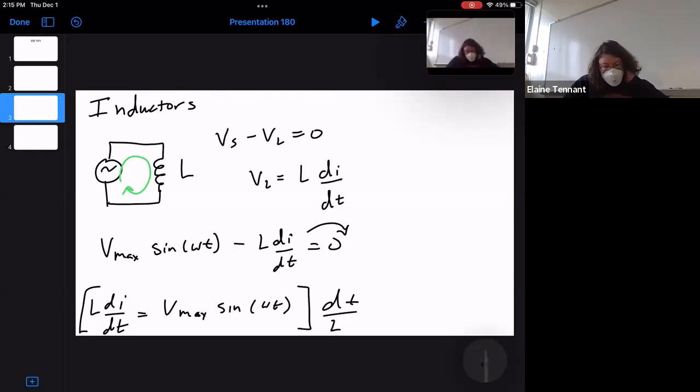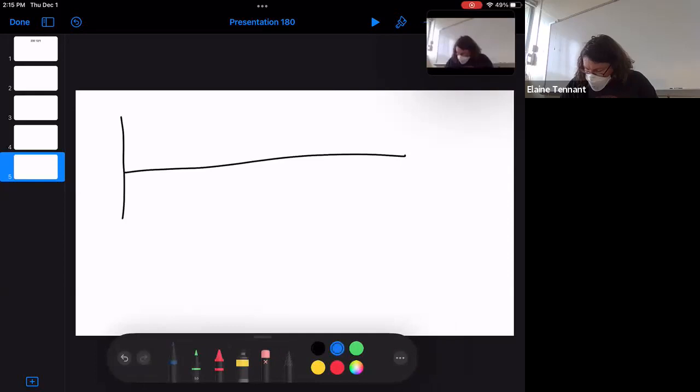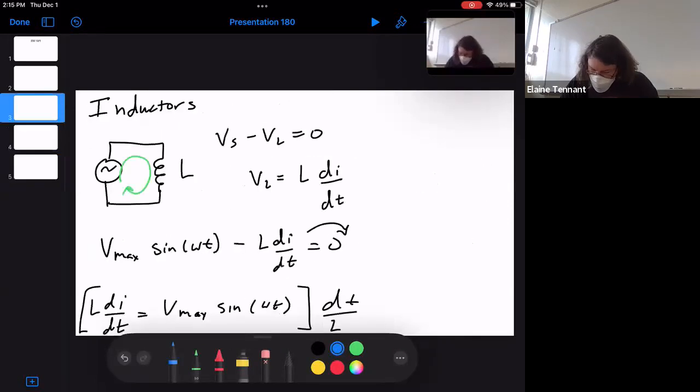Okay, so let's talk about how this is going to look. Let's draw this first off. My source voltage, I'll put it in blue, is Vmax sine.